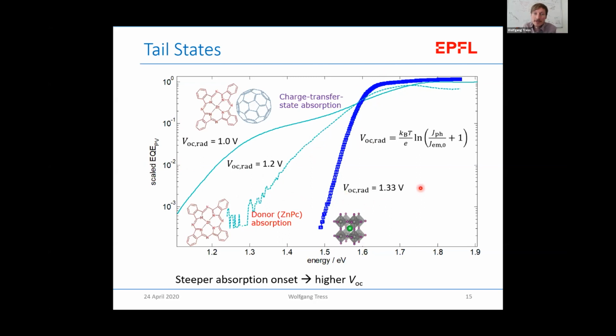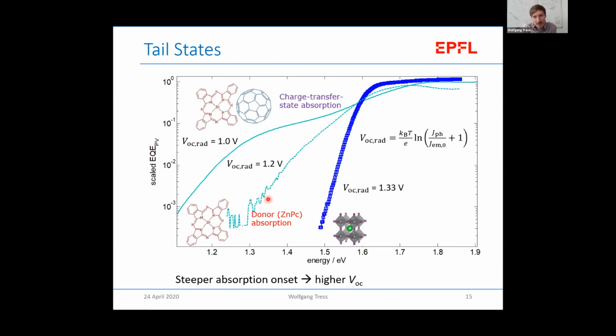And in the perovskite, we start with a radiative limit of the open circuit voltage. So that's the theoretical maximum if we take, let's say, methylammonium lead iodide. With a band gap close to 1.6 electron volt, we can reach roughly 1.33 volt, whereas for these devices it goes down already a lot. So this is one of the advantages of this material.